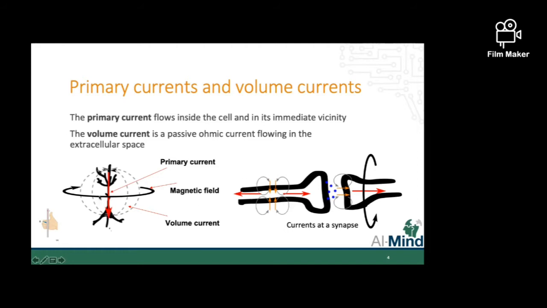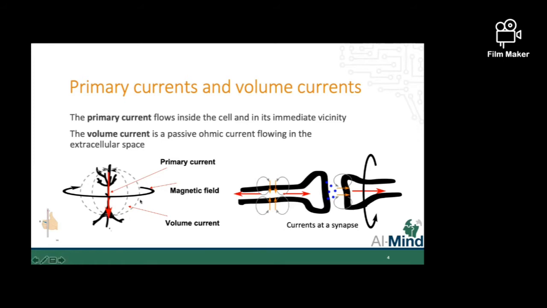So when it comes to the magnetic field, we can use a rule of thumb to get an idea of what type of magnetic field is caused by the currents. If we use a right-hand rule, and we know that there is a current flowing in the direction of our thumb, then we know that the magnetic field produced will be perpendicular to this current and flow in the direction of our fingers around the current.